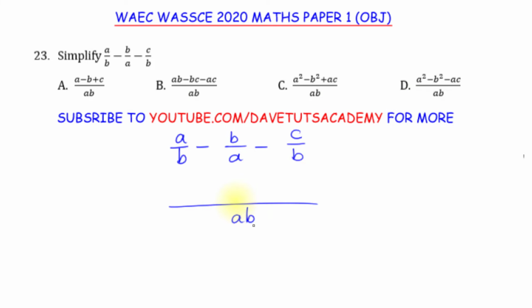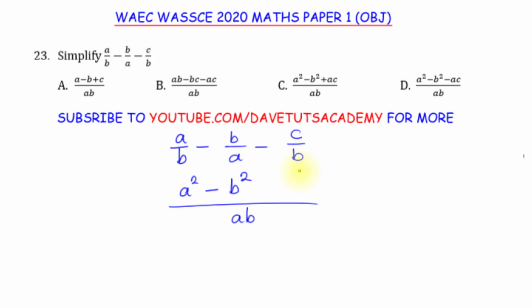So ab divided by b, the b will cancel, remaining a. So a times a, that will be a square. Now ab divided by a here, that is this denominator divided by this denominator here, that will be ab over a. The a's will cancel, that will be only b. So b times b will be minus b square.